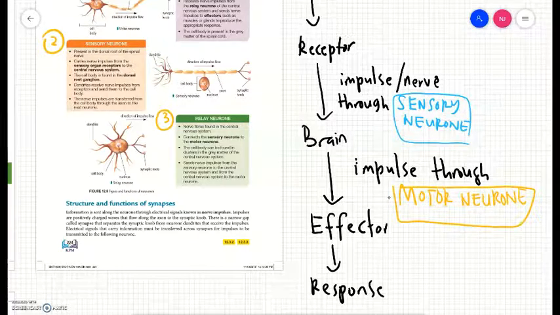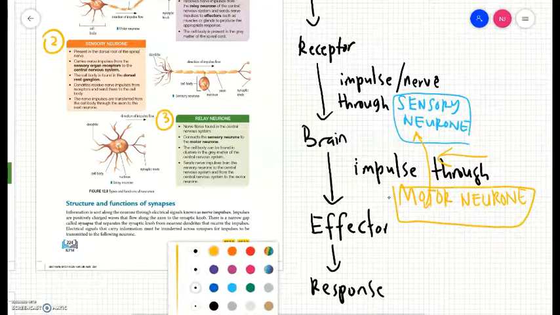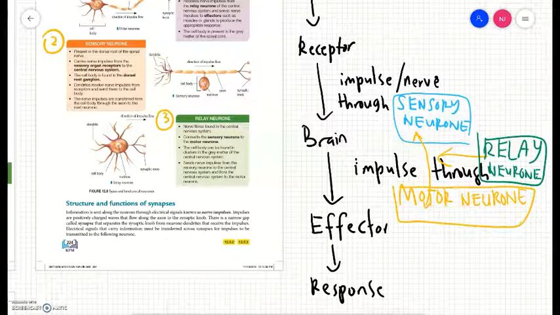The relay neuron is between this one, the connection between sensory and motor neuron. So this is where the relay neuron is located. It connects the sensory neuron to the motor neuron.